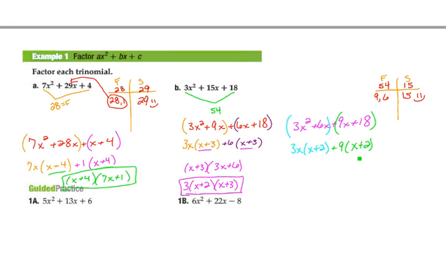So look at this. I'm definitely going a different route on this. Does that mean I'm going to get a different answer? Well, we'll find out. They have an x plus 2 in common. They have a 3x plus 9 left over. But remember, factoring, we can't have any known factors involved here. So these both have a 3 in common.